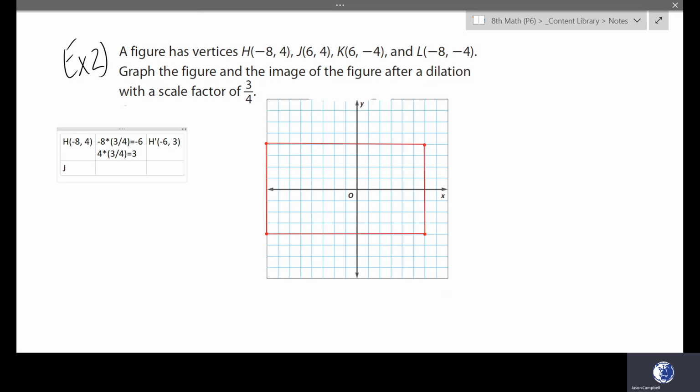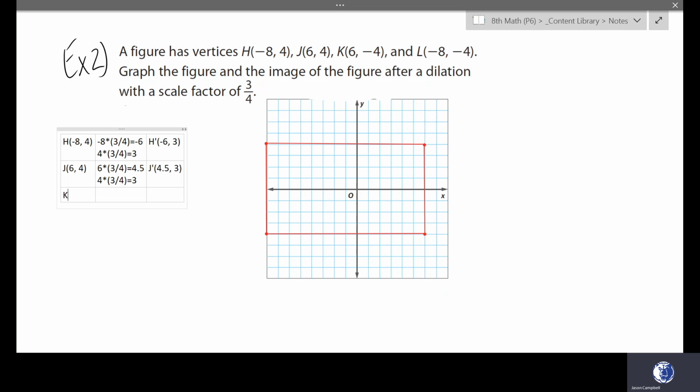For J, the original point was at 6, 4. So I'm going to do 6 multiplied by 3/4. I'm going to do 4 multiplied by 3/4. My new point, J prime, is located at 4.5 and 3.